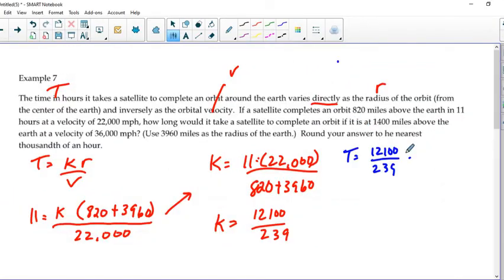If 14,000 plus the Earth's radius over 36,000 miles per hour. So notice two things are happening. Like we can't say time's going to increase or decrease because something that relates directly to it, the radius, is increasing, but something that relates inversely to it, the velocity, is decreasing.